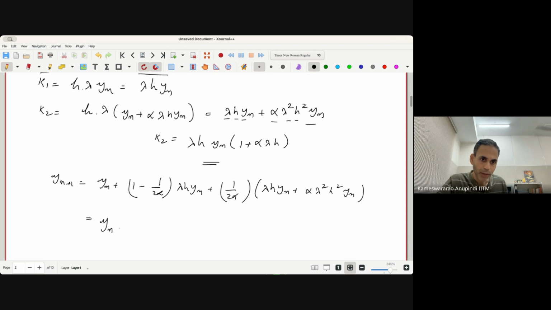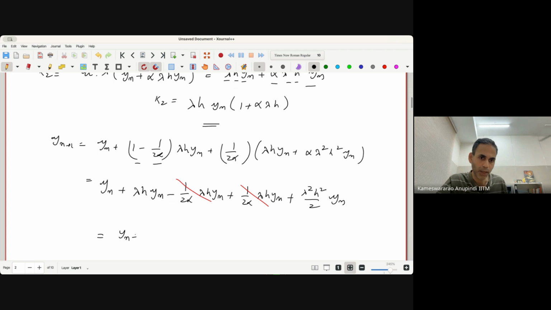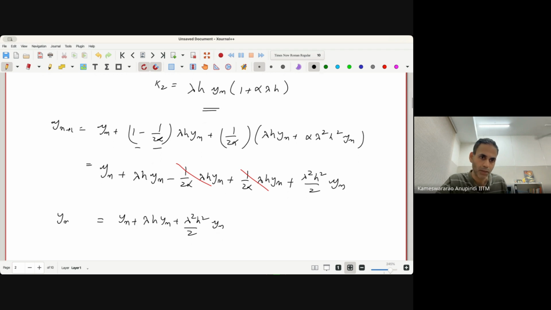When you multiply these two things out, you get yn plus lambda h yn, minus 1 by 2 alpha lambda h yn plus 1 by 2 alpha lambda h yn, so this gets cancelled. Alpha gets cancelled in the last term and you get lambda square h square by 2 yn. So we end up with yn plus lambda h yn plus lambda square h square by 2 yn. Okay, that is my yn plus 1.